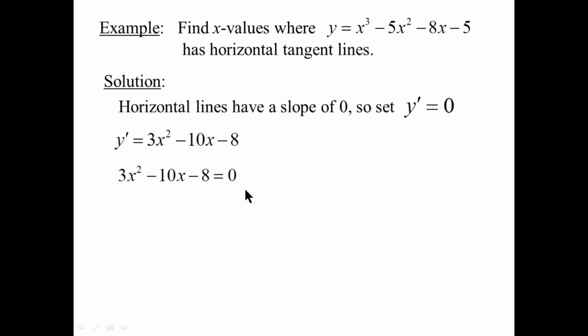Let's factor instead. Because there's a coefficient on the x squared besides 1, we're going to use what's called tall brackets factoring, which means we make tall brackets and put 3x in the top left corners.